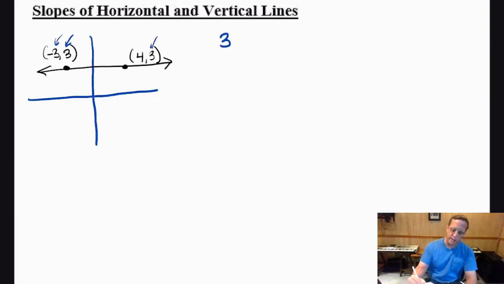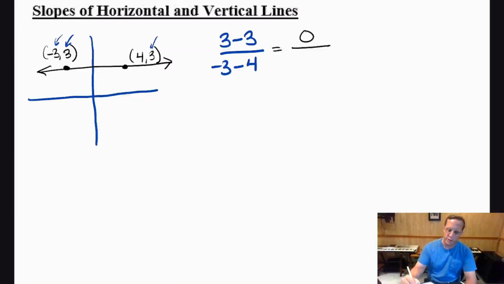The change in y is going to be 3 minus 3. And the change in x is going to be -3 minus 4. And if we clean that up a little bit, we get 0 over -7. And 0 divided by anything is going to be 0. So the slope of this is 0. So the slope of a horizontal line is always going to be 0.